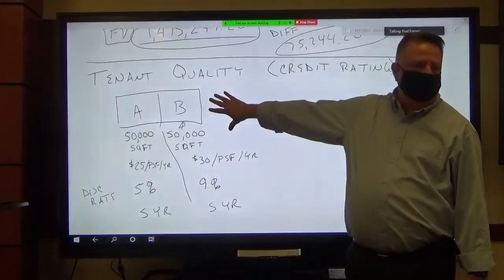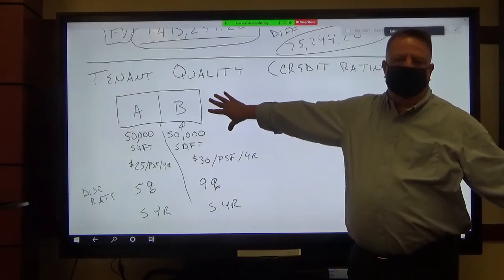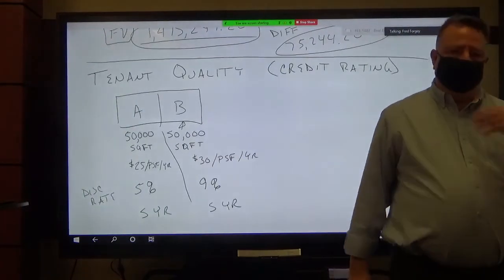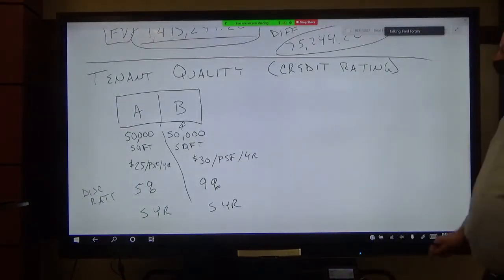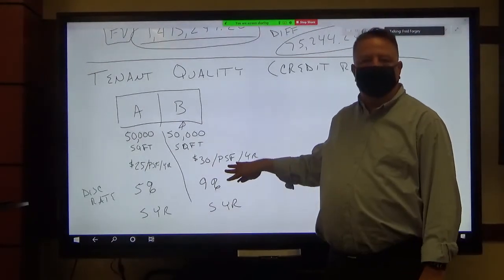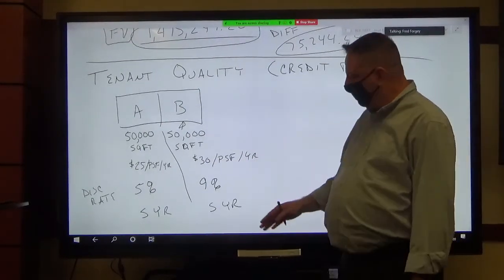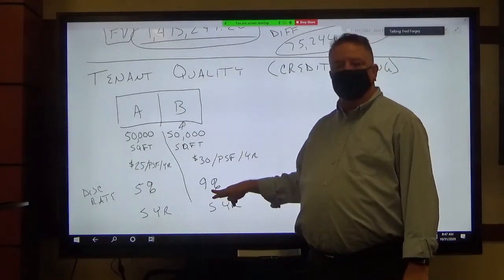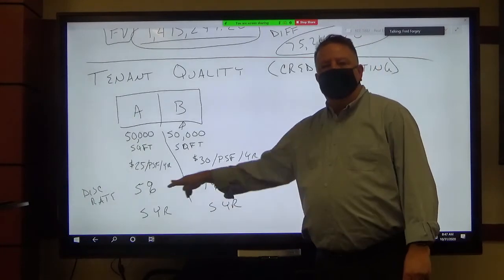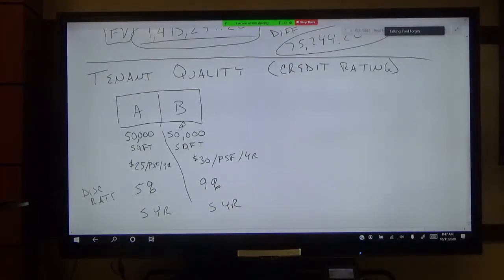The cash flow from tenant B is going to be less certain, less secure. Part of the way that you adjust for that as the owner of the property is you set maybe a higher lease rate for that lesser quality tenant. Right. But you also probably are going to adjust the value or the worth of those cash flows.